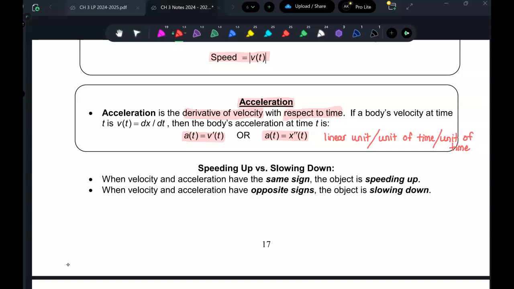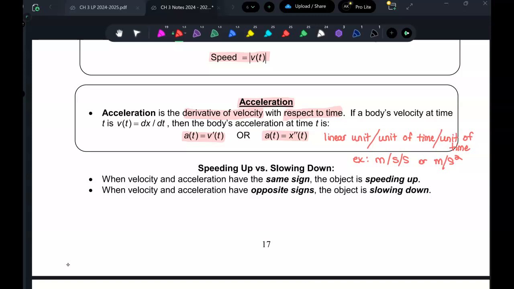There's no such thing as a square second. It's per second, but it's okay to use the exponent two. You could write meters per second, or meters per second with an exponent too. Just know this is simply notation. There's no such thing as a square second. That makes no sense.